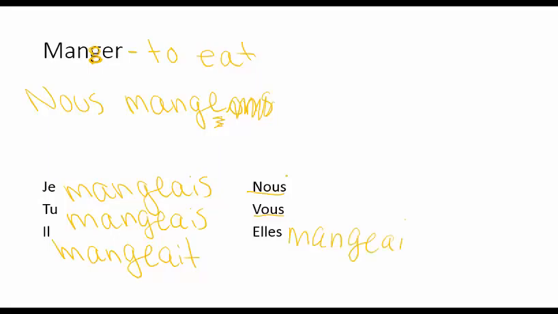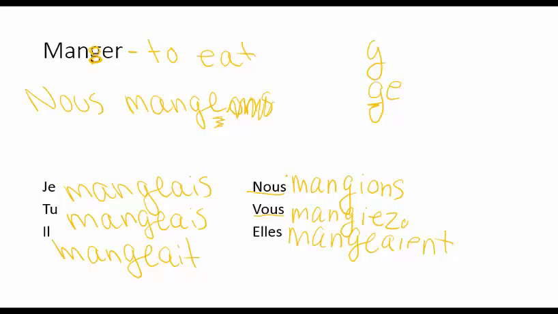Okay, so nous is mangions. Vous is mangiez. And the G, E keeps the G soft, but so does the G, I. If we had G, A, it would be ga, and that's not the verb we were looking for.